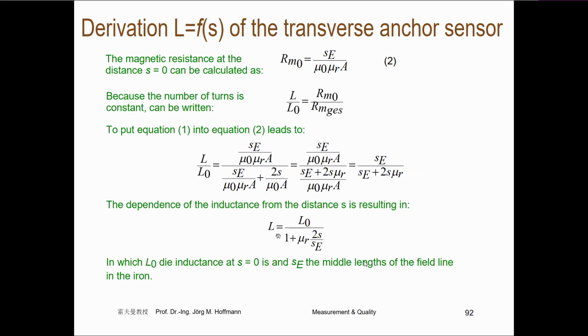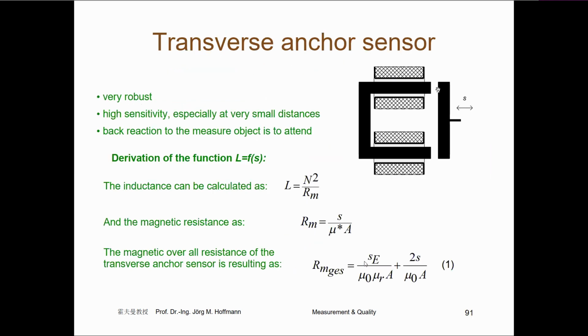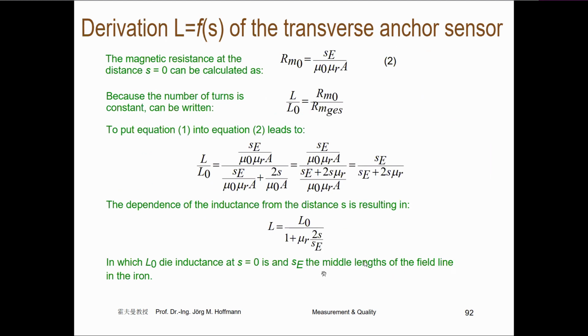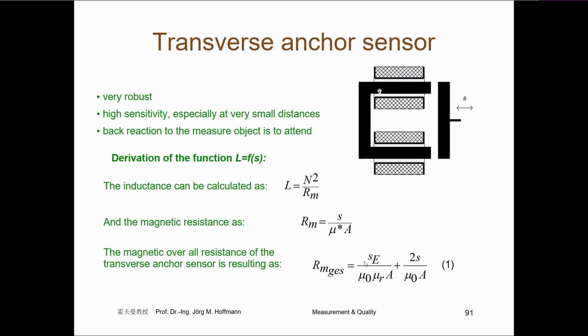The inductivity is equal to the inductivity when you have no air between this, and when you go far away, you have then 1 plus the relative permeability for the iron, and you have 2s, that's the way you see here, divided by the way in the iron, that would be this, and this would be this.